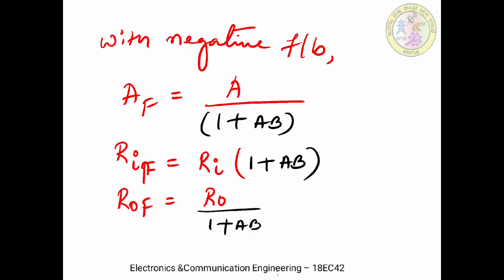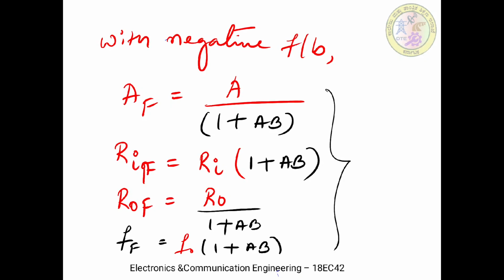And similarly, the last one, coming to the bandwidth in presence of feedback, we have F naught multiplied by 1 plus AB. So this is the summary of the discussion with respect to the non-inverting operational amplifier with feedback.